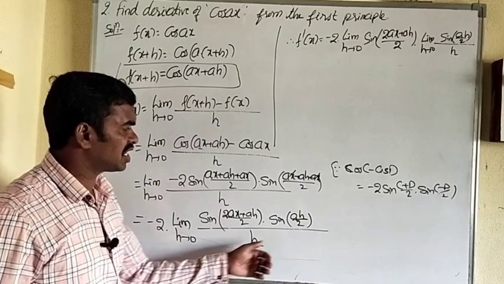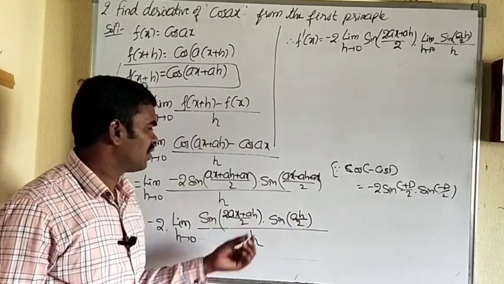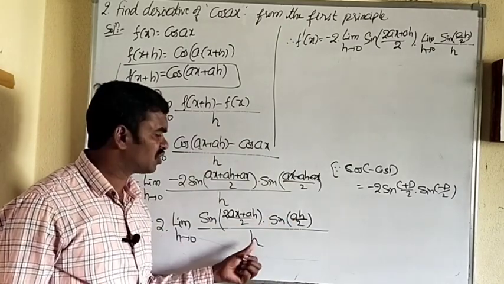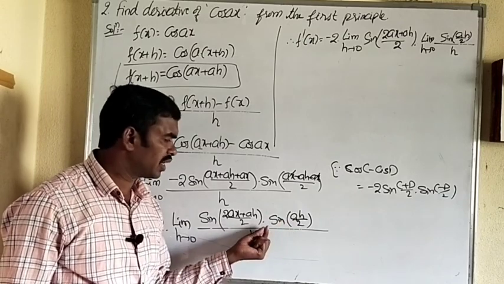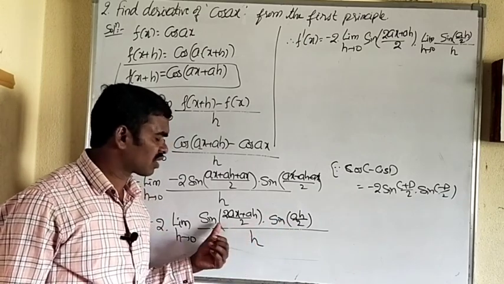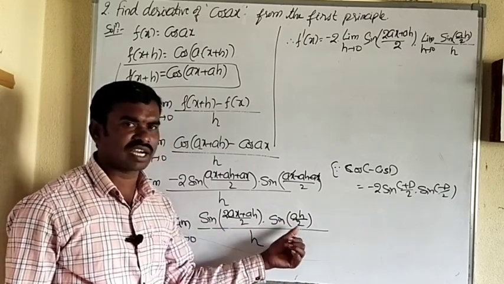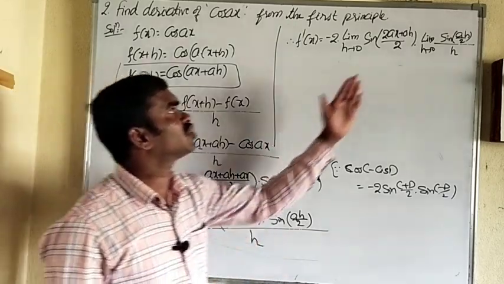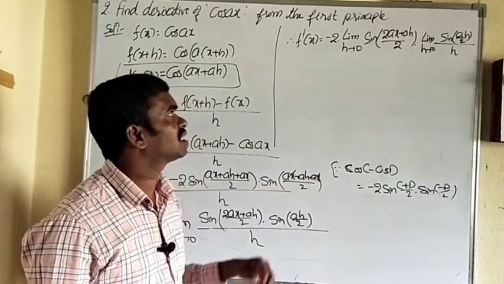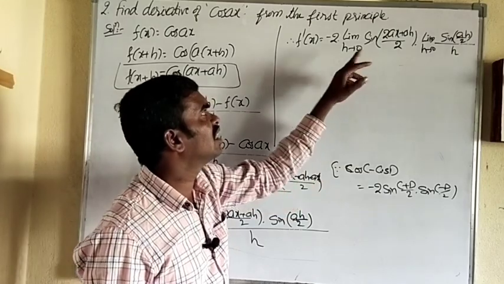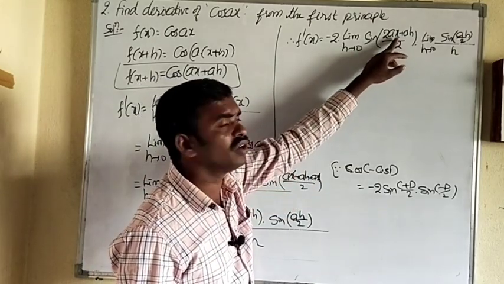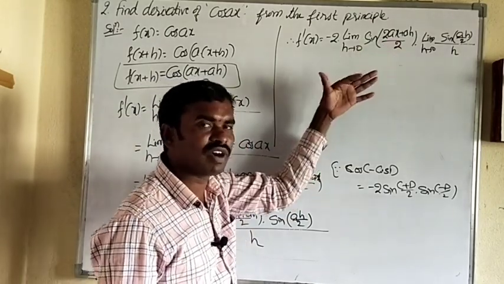Now, by h I return to only sine. If there was a plus in between, we would write the limit for two terms, but since there is a multiplication, we can write the limit for the first function or for the second function. But here I am writing it for the second function, because the first function is very clear. If we substitute h value 0, we can get some finite number.